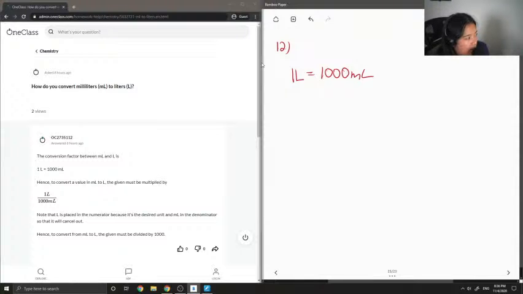So let's say we had a question that says, what is 323 milliliters in liters?